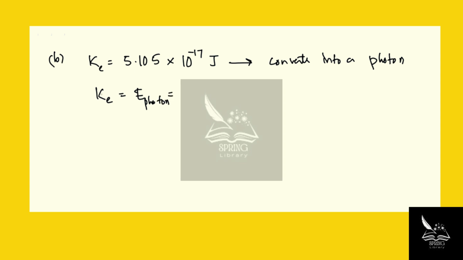By conservation of energy, the kinetic energy of the electron gets converted into the energy of a photon, and that is equal to hc over lambda.